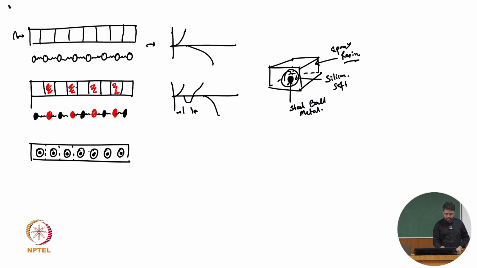We can think in the same approach that the resin host can be modeled like a larger mass, the inner mass is inside, and this silicon type soft material can be connected like a spring. So this type of scenario is going to happen.